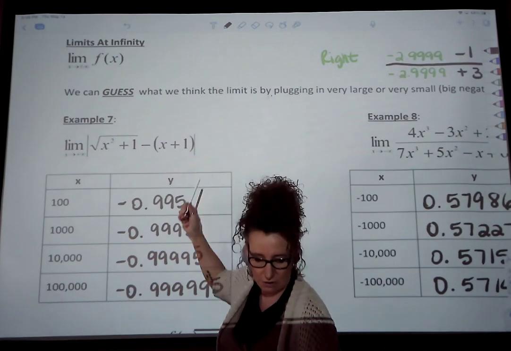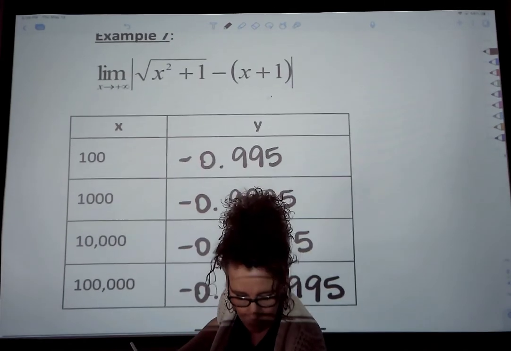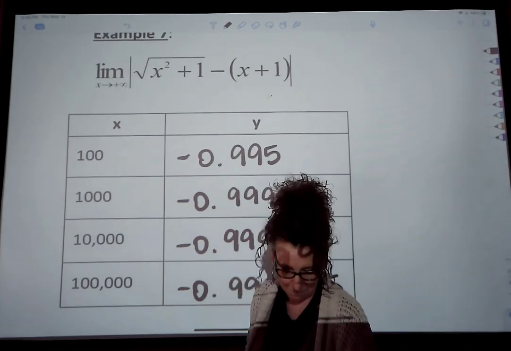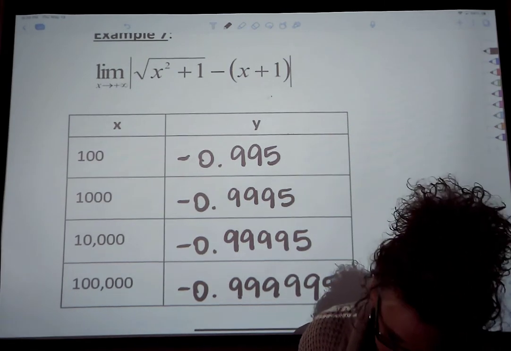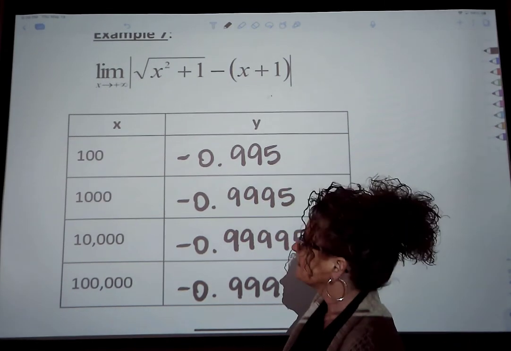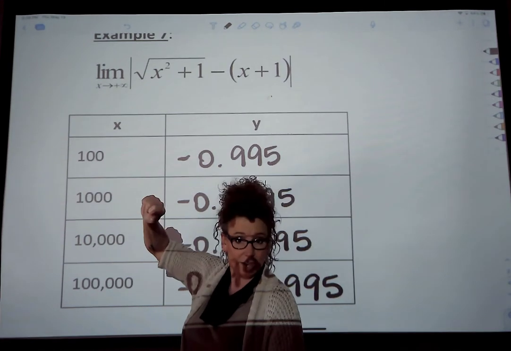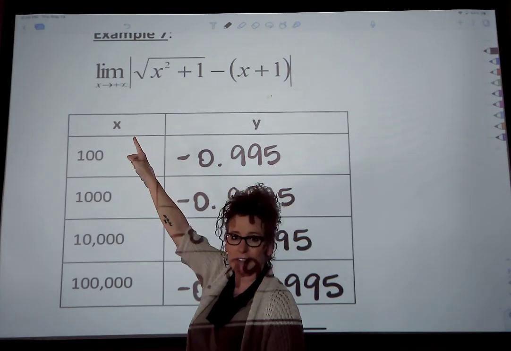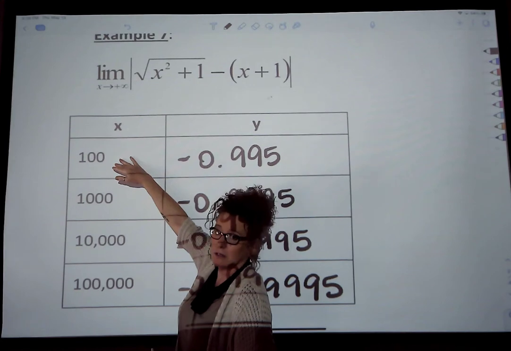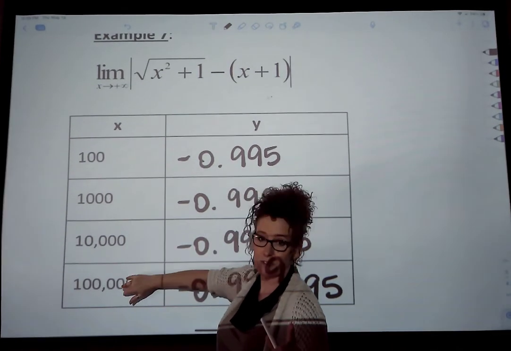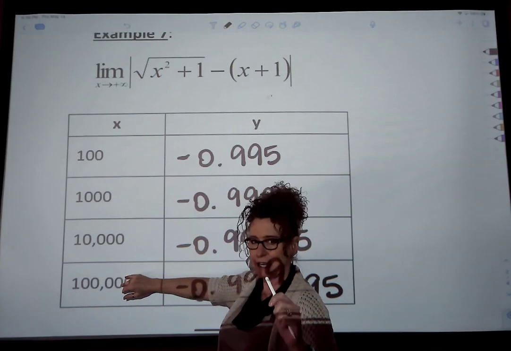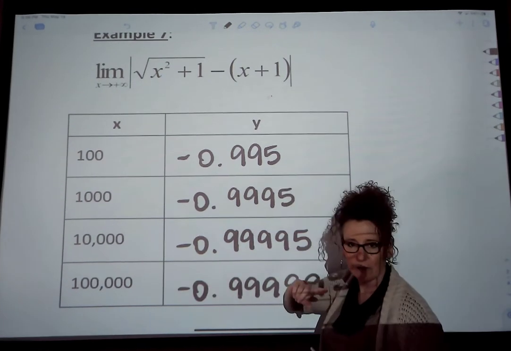Okay, so the limit as x approaches infinity of some crazy function. Oh my gosh, this looks awful, doesn't it? So you're welcome. I did the math for you. I subbed in large values of x because we're looking as x goes to positive infinity. So if x is 100, or bigger, 1,000, or bigger, 10,000, or even bigger, 100,000. So I subbed them in and I did the math, and here's what I got from my y's.